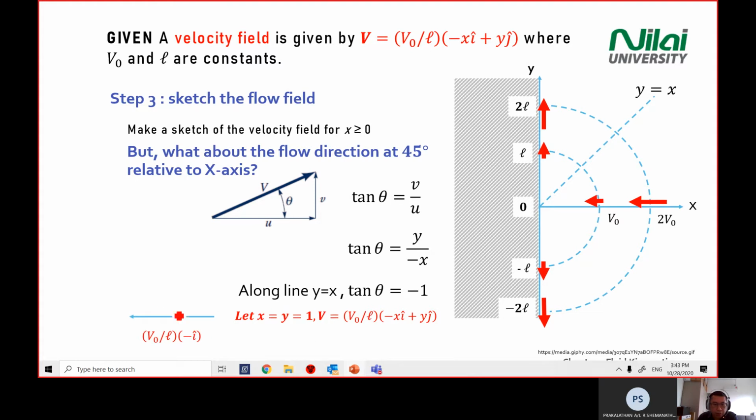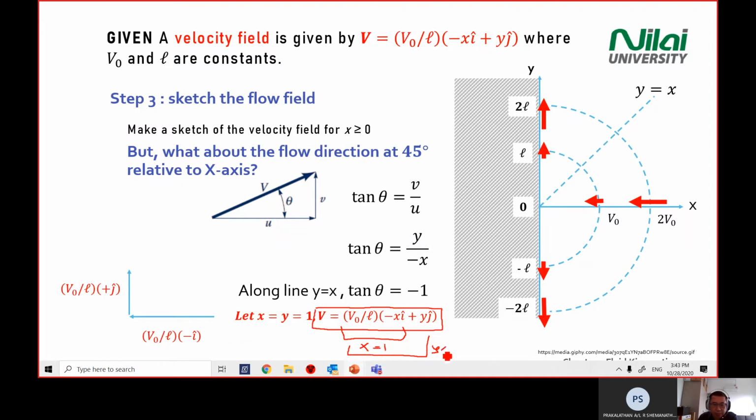So you redraw. Let's say you do not know the direction, you just draw out what this equation gives. You look at the x component first. This is the x component, it's negative, so you go to the left-hand side. And then you combine with the y direction, y equals v0 divided by L times j.